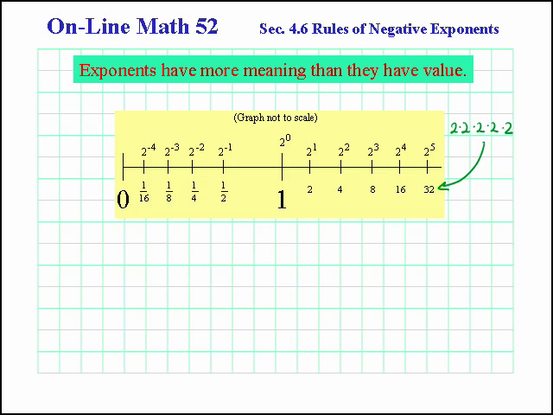Notice all of these numbers. This is really important here. Notice all of these numbers in this area right here are positive numbers. Let that sink in for a moment. Positive numbers.